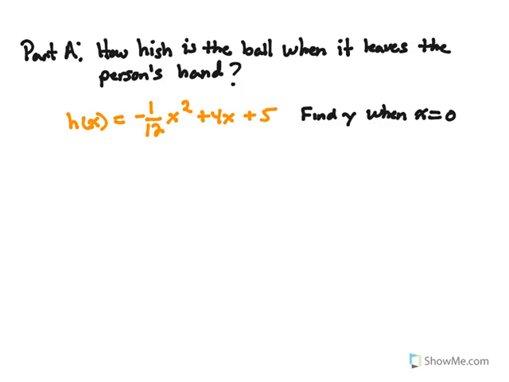Well, the x coordinate is going to be 0. If you think about it, h(x), the height, is considered the vertical distance, and x is the horizontal distance. So if it's at its initial point, then x is going to be 0.